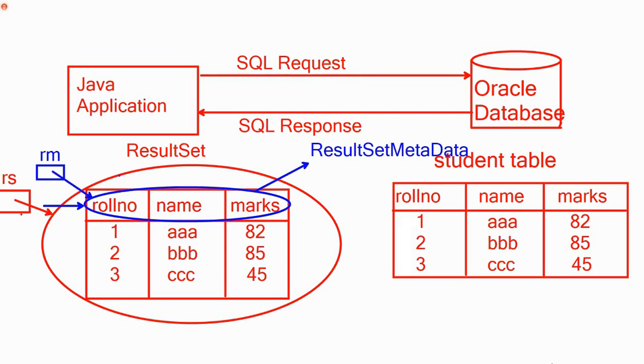Now this is column number 1, column number 2, column number 3. It is called column number. And these are called column names.